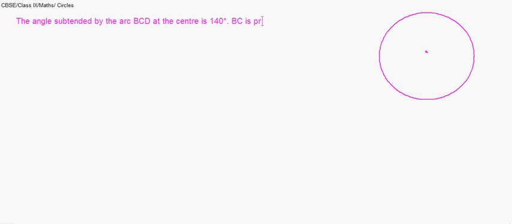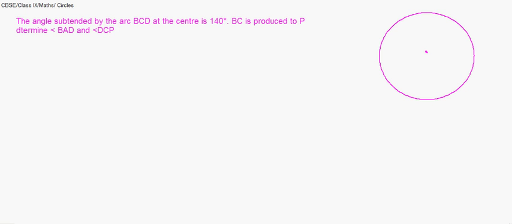BC is produced to P. We have to determine the measurement of angle BAD and angle DCP.